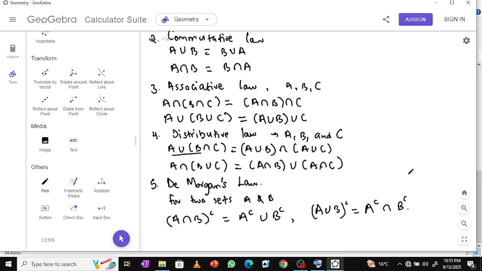So those are the 5 laws that are commonly used in set theory.